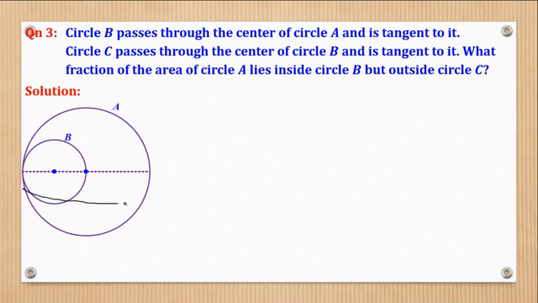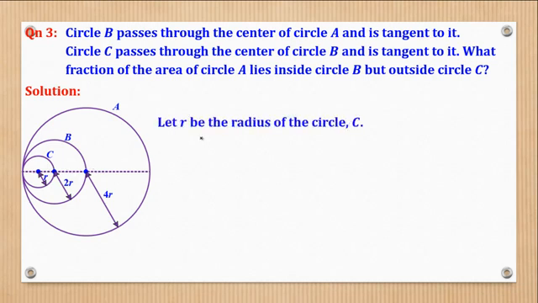If this is the diameter, it implies that the diameter is half of the diameter of circle A. Same applies to the radius. Then circle C is also the same, meaning that if this is R, the radius of the small circle, then the radius of circle B will be 2R, and the radius of circle A will be 4R.